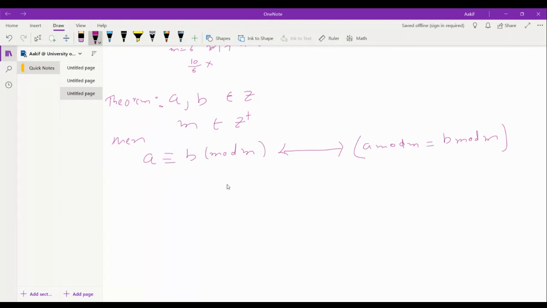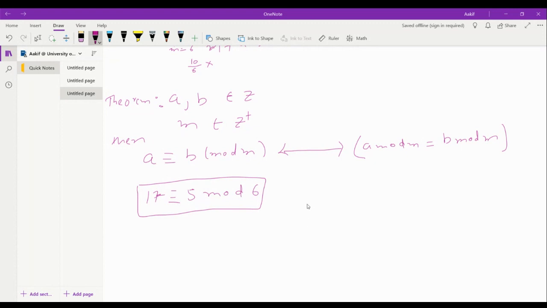Now let's take the same example that we discussed previously, where A is 17, and we knew that it was congruent to 5 mod 6. We did check it because 17 minus 5 was divisible by 6.